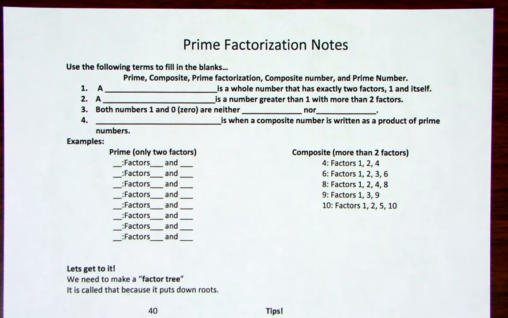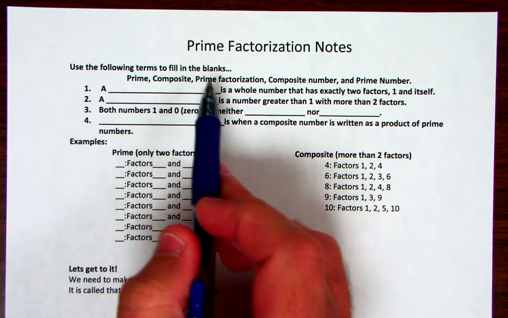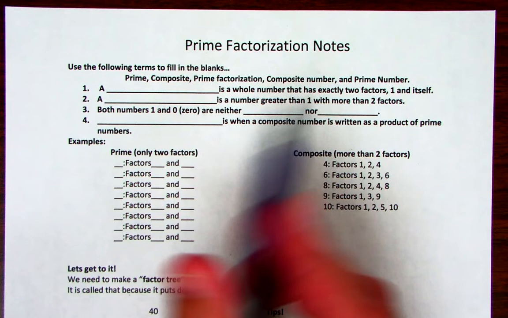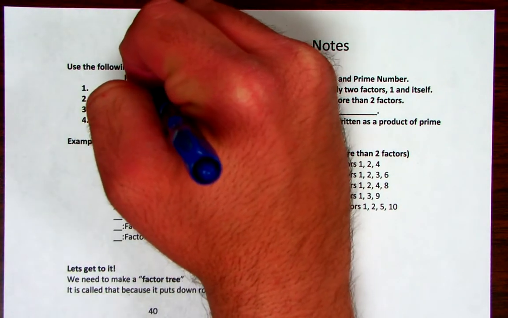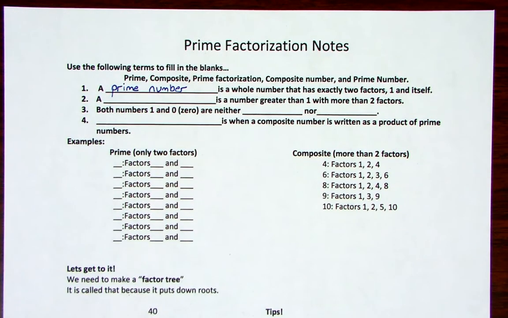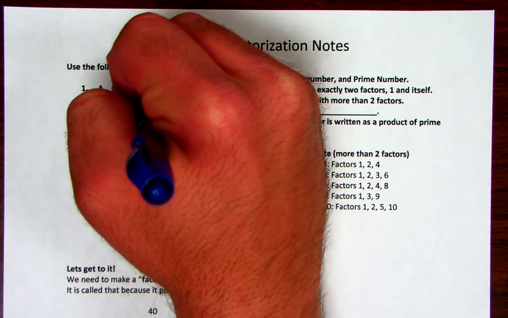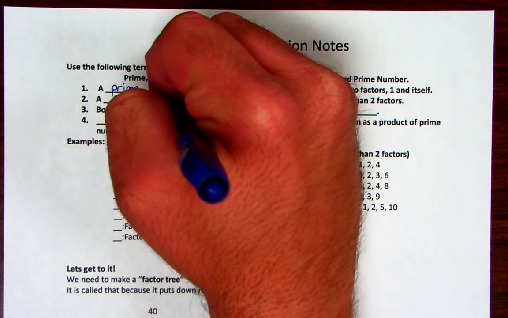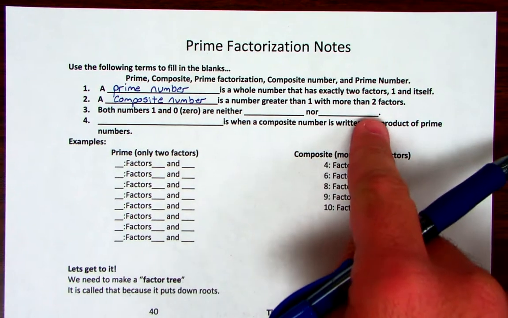A prime number is a number that can only be multiplied by 1 and itself. So here we go. A prime number is a whole number that has exactly 2 factors, 1 and itself. A composite number is a number greater than 1 with more than 2 factors.